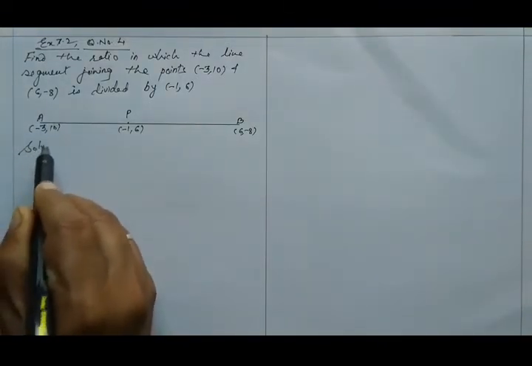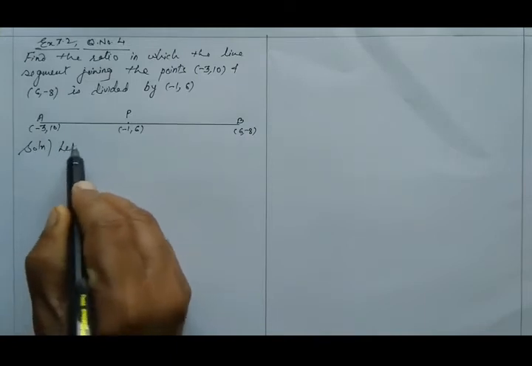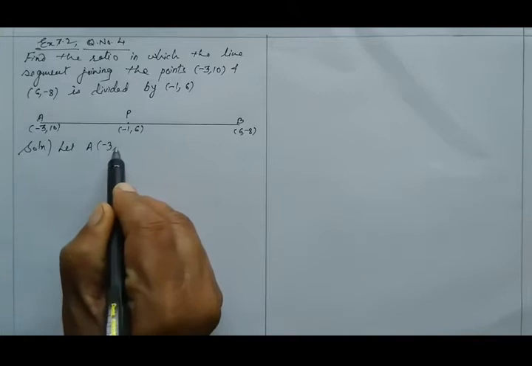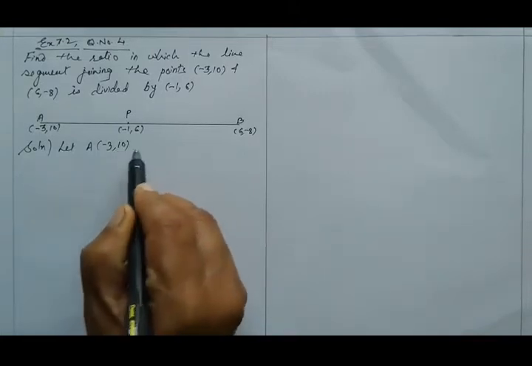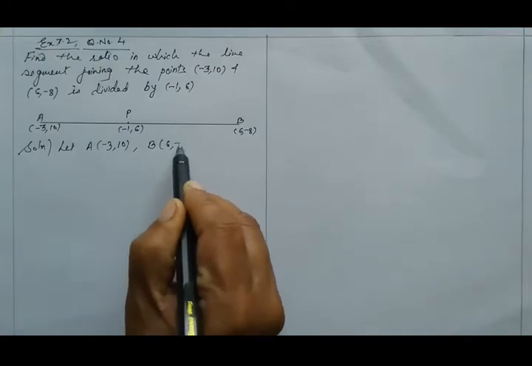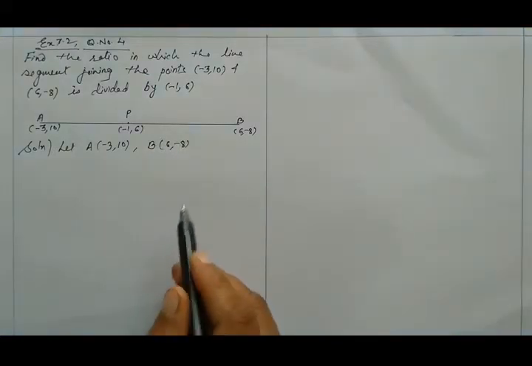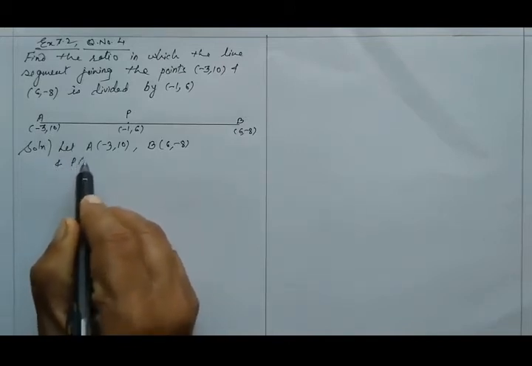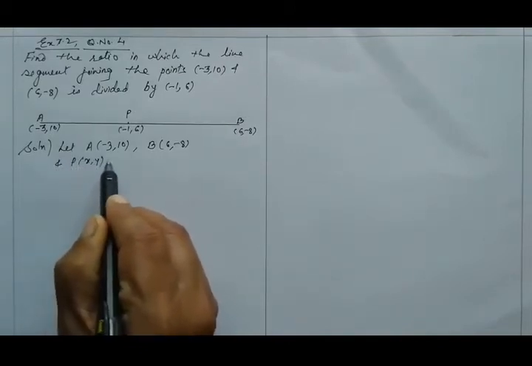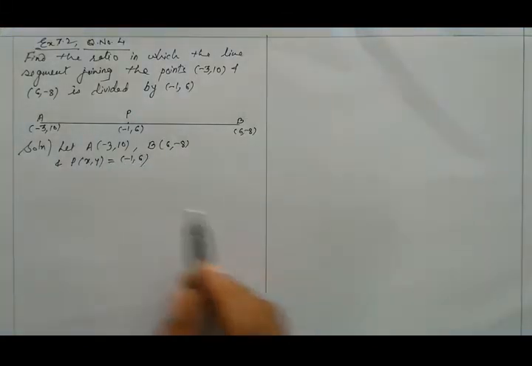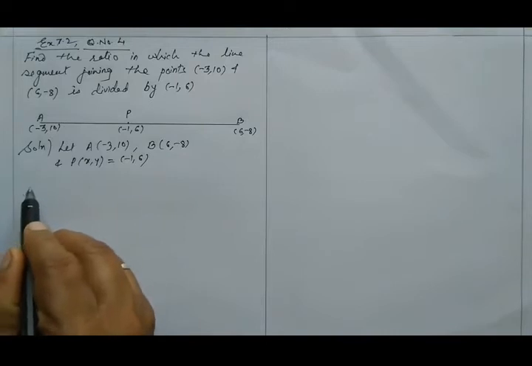In solution we will write, let A be minus 3 comma 10, B be 6 comma minus 8 and P, x comma y is equal to minus 1 comma 6. Okay, fine.